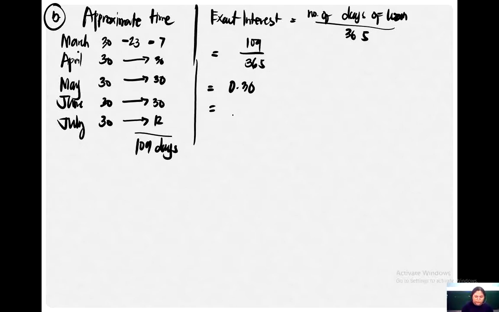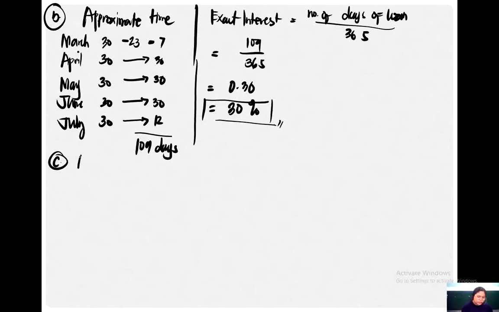So if you convert it into rate, it is 30%. Sorry, correction, into rate, not percentage. Okay, so 30%. So again, the loan interest, if we are going to use the exact interest using the approximate time, is 30%.